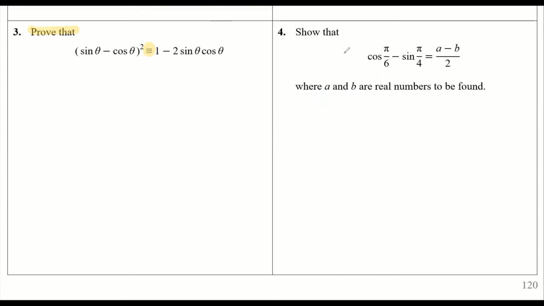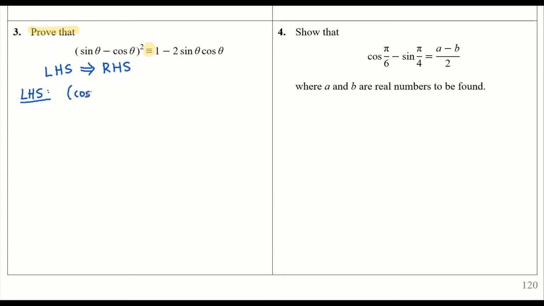So in this situation, I'm going to take the left-hand side and I'm going to prove, hopefully, that we get the right-hand side. That's because I've got a squared in there. If I've got a squared in there, that looks like I can expand the bracket and hopefully do some simplification. So let's get into it. On the left-hand side, first of all, I can just write it as a double bracket.